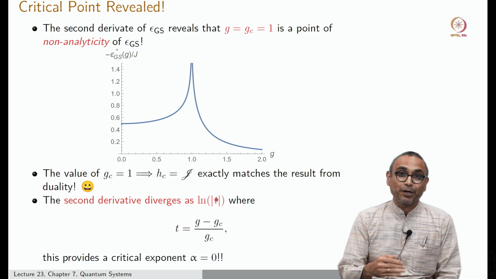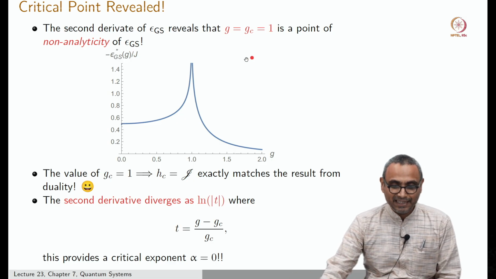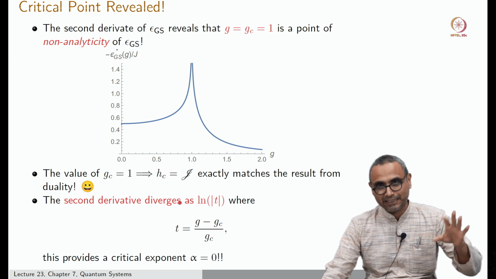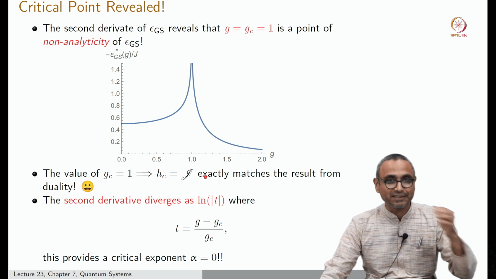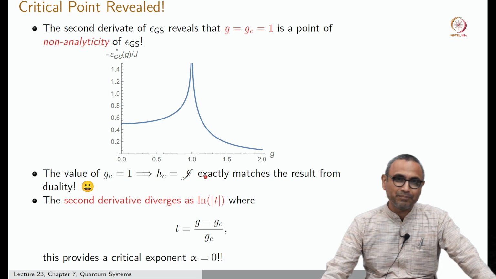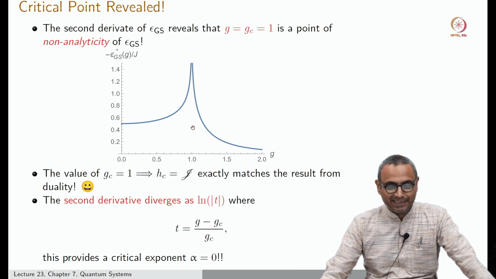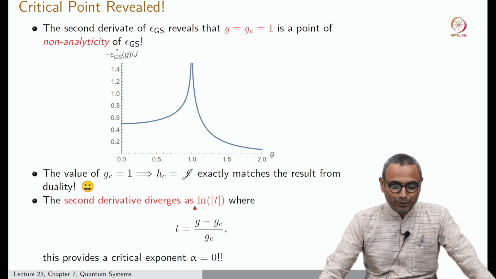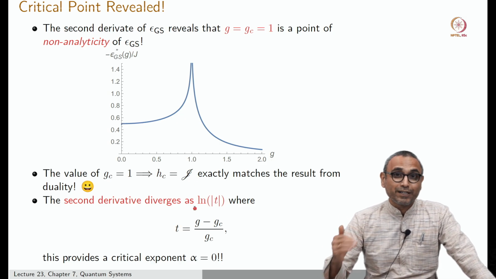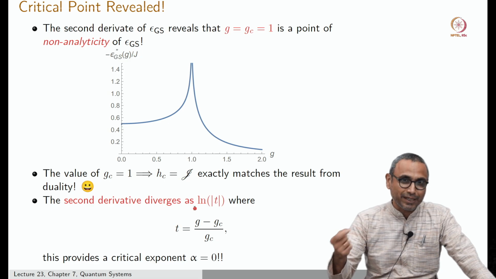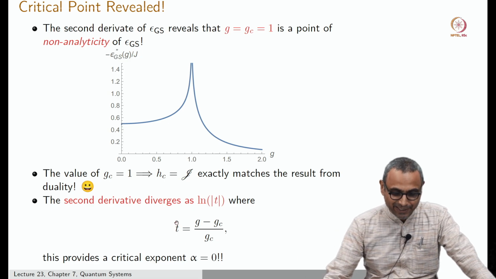So you can work out more details of this. I invite you to do this. It's actually very straightforward because you have the explicit form using elliptic functions. You can use the mathematics of elliptic functions, perform various expansions, etc. And you will be able to see that if you define something like a distance to transition, little t, this is conventional in statistical mechanics.